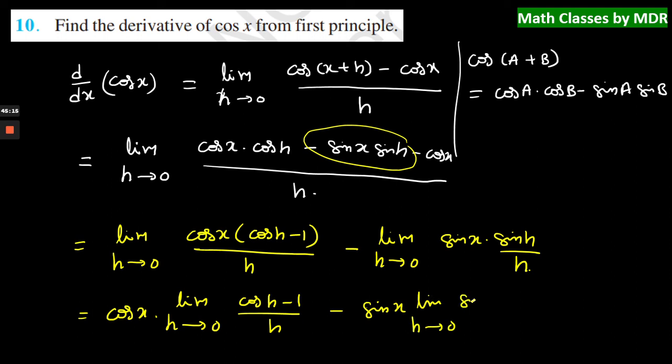We know that limit h tends to 0 of (cos h minus 1) by h is 0, as we have seen in the limit section, and this other limit is equal to 1. So 0 into cos x is 0, minus sin x gives us minus sin x. So the derivative of cos x is minus sin x. Let's see the next question.